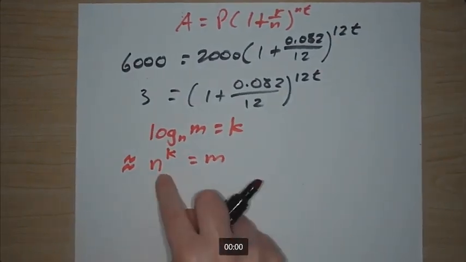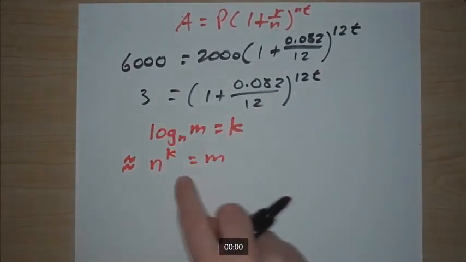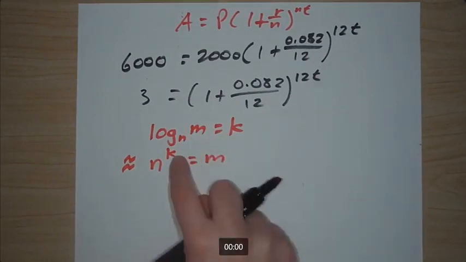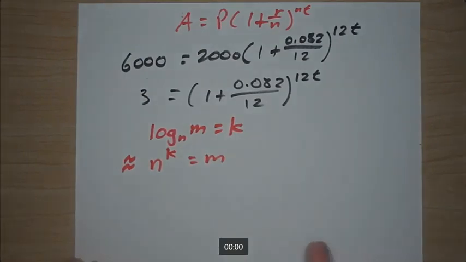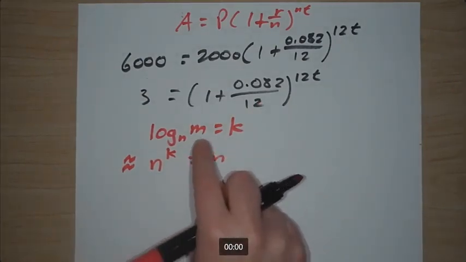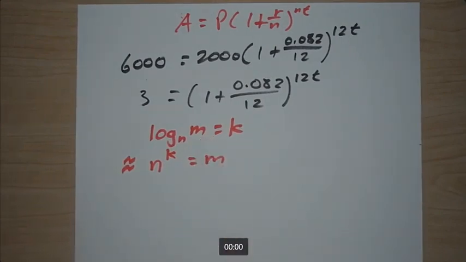And right now we have it in this format, but we want to write it in this format so that we can solve for our exponent. So we're going to find out which ones are n, our k, and our m, and then we'll write it in this format right here.